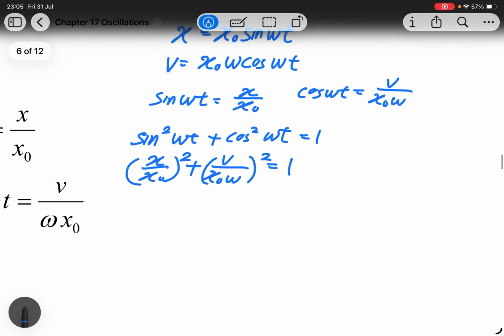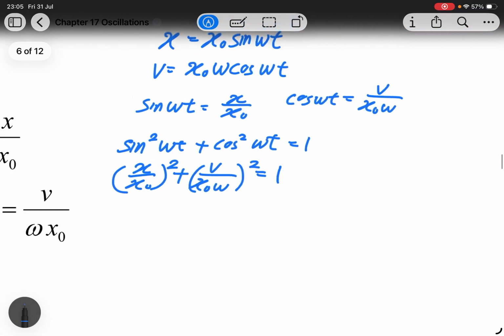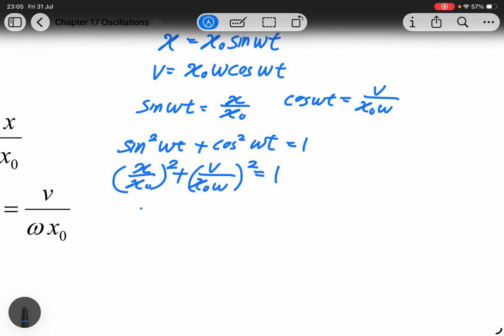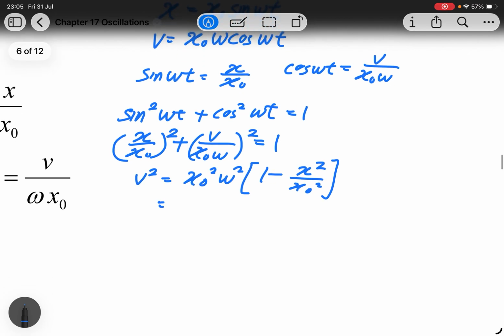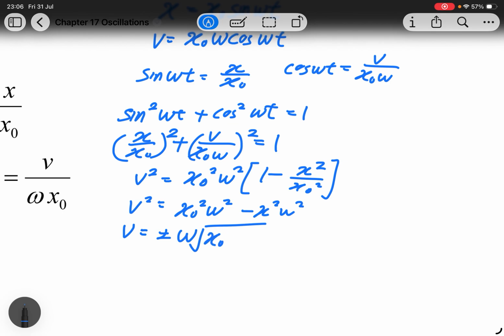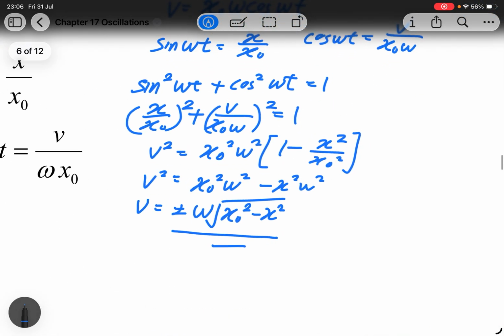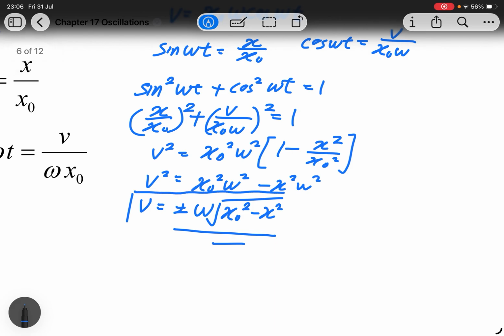Okay, then you can take everything out. Okay, this is your equation of velocity.